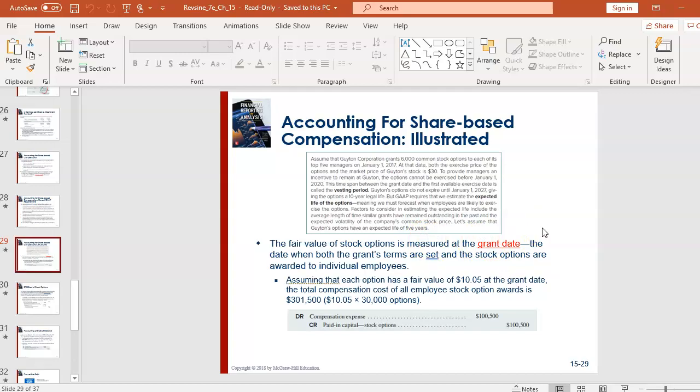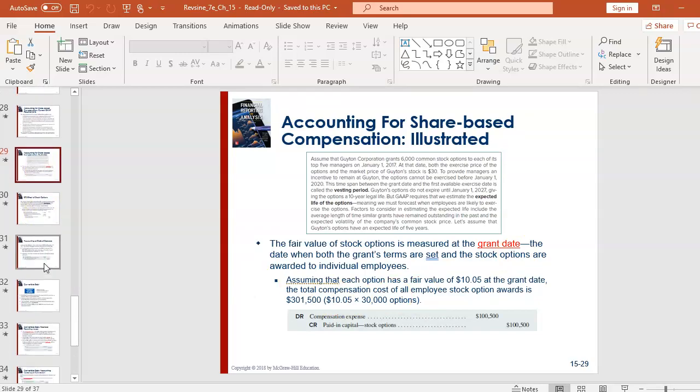So, really good example here for you to walk through. I don't have to talk you through the entire example, and we'll do that when we do some problems together about this kind of stuff. But this is a great example, same one that's in your book. So your book and the PowerPoint are exactly the same. And you can see here, the fair value of stock options is measured at the grant date, the date that both the grant's terms are set and the stock options are awarded to individual employees.